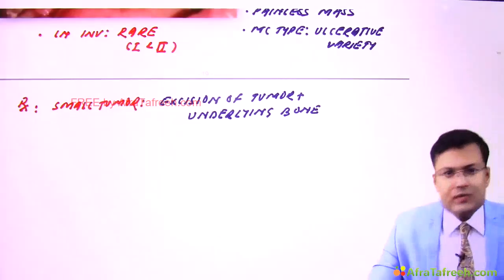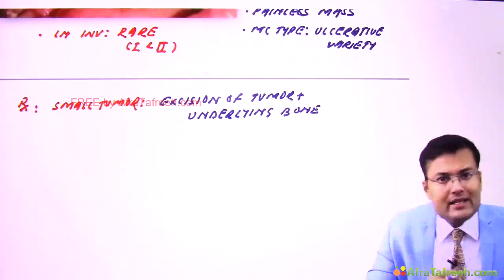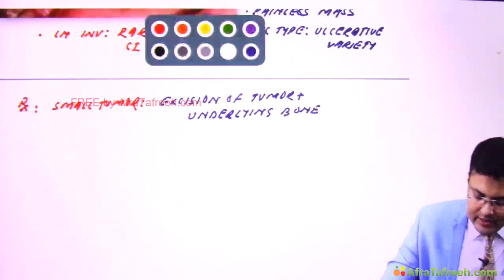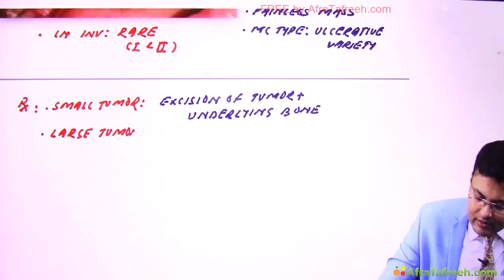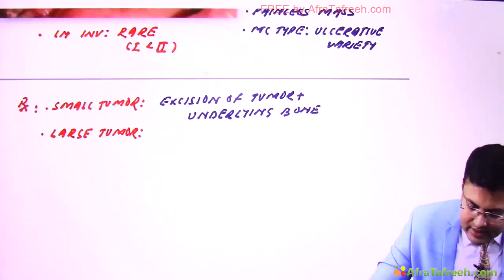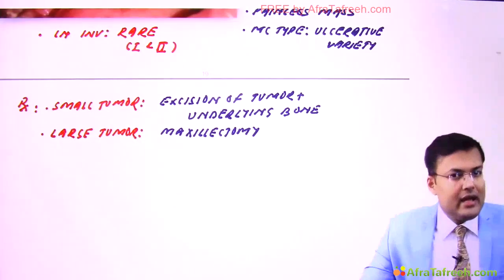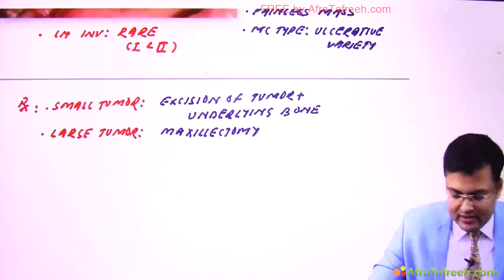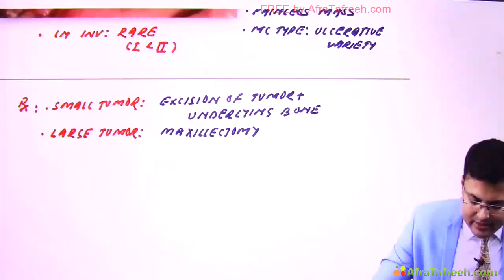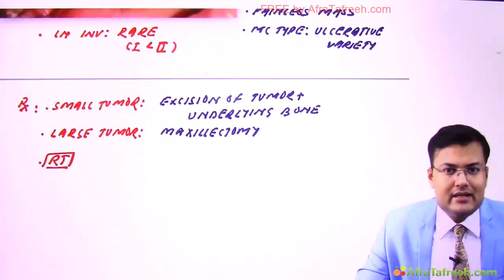And if large tumor is there, in those cases we go for maxillectomy. And in advanced cases, we have to give radiotherapy to prevent the recurrence. So generally we add radiotherapy to prevent recurrence in advanced malignancies.